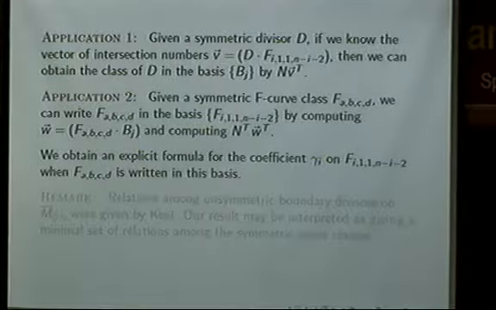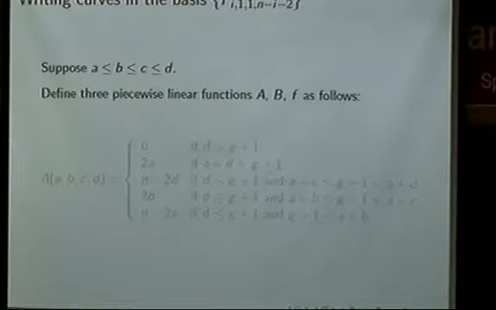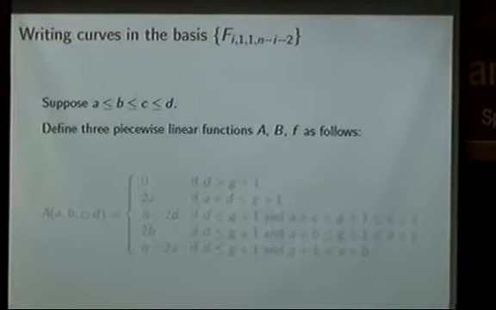And just to put this result in context, Keel first described the relations among the boundary divisors on M_{0,n} bar, and so you can think of our result as being sort of dual to the Keel relations, but for symmetric curve classes. Again, I think I've got time to maybe show you an example. So yeah, let's run through an example now.